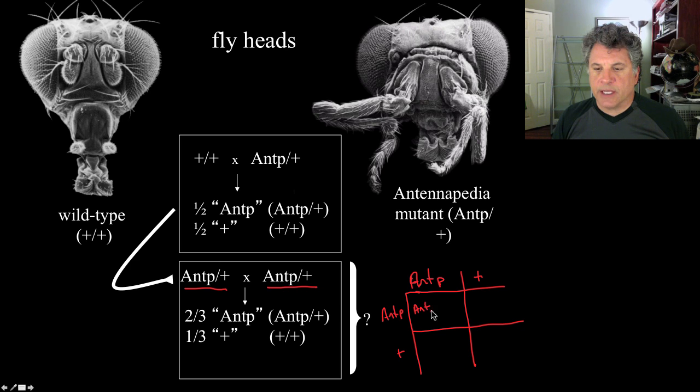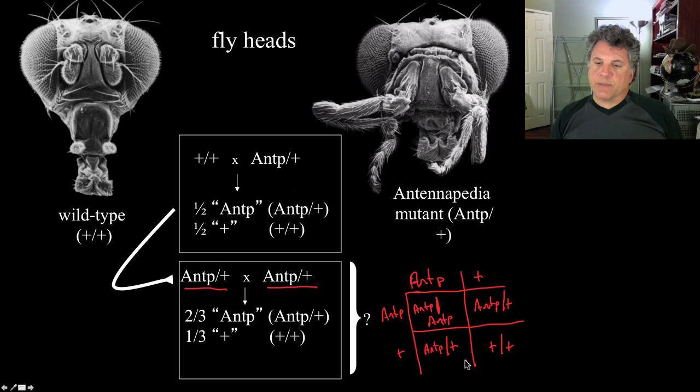We should have Antennapedia homozygotes. We should have Antennapedia heterozygotes there, and Antennapedia heterozygotes here, and then we should have homozygous wild type here.